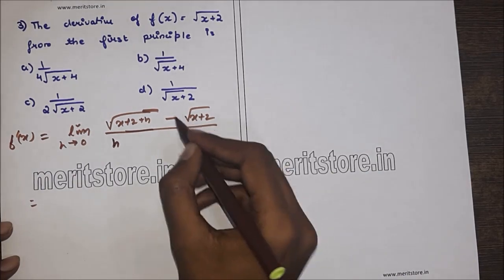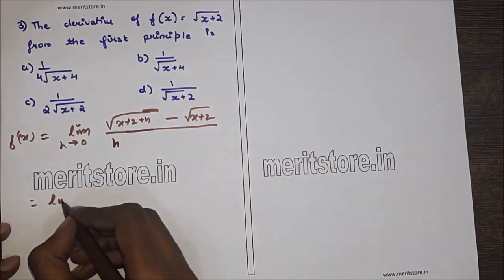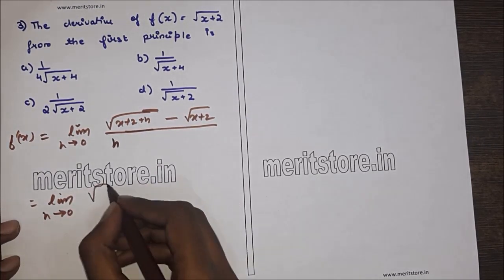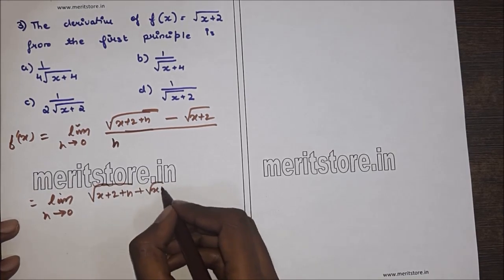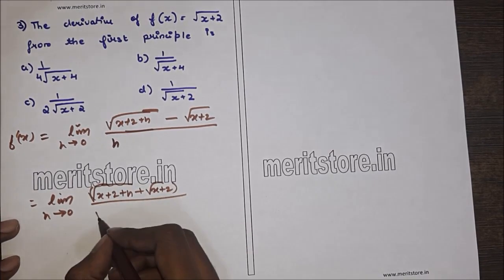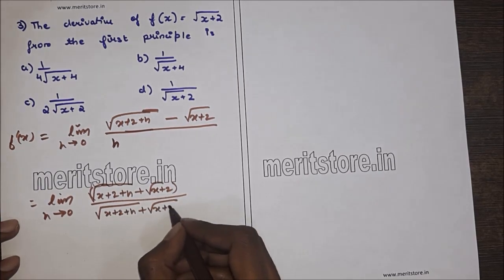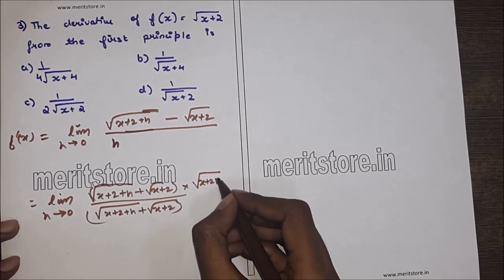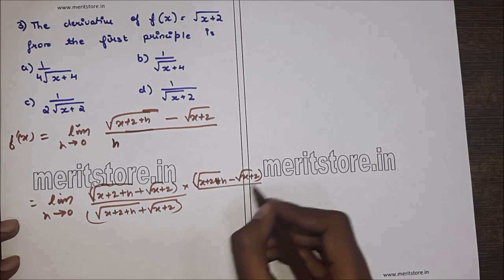We multiply and divide the numerator and the denominator with its conjugate. We get limit h tends to 0. The conjugate is root of x plus 2 plus h plus root of x plus 2, divided by root of x plus 2 plus h plus root of x plus 2, into root of x plus 2 plus h minus root of x plus 2 divided by h.